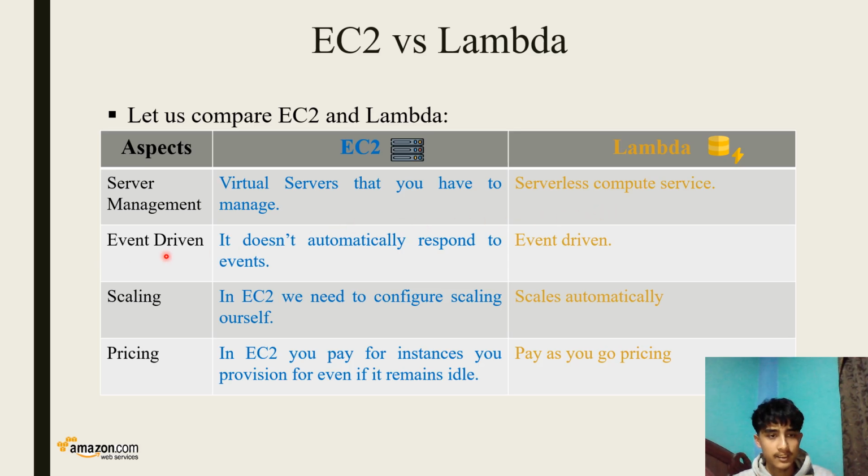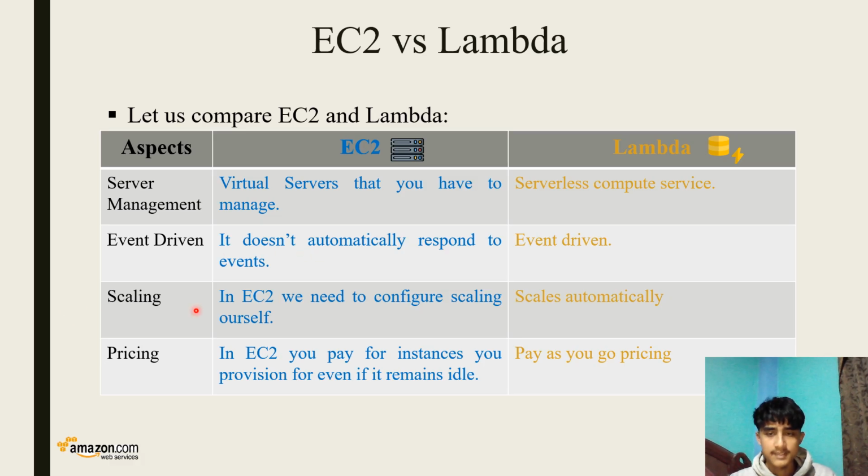Second is event driven. Lambda is completely event driven, meaning it only acts upon certain events like an API call or file upload. Meanwhile, EC2 doesn't respond to events automatically. It runs continuously until you stop it.